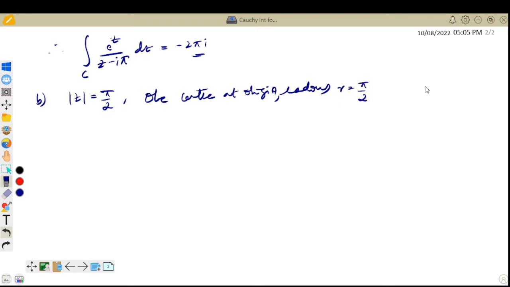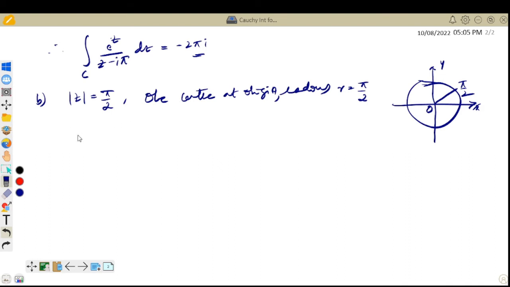Let us draw a diagram again with respect to this. First you can draw a diagram. This is the circle. Here the radius is pi by 2.